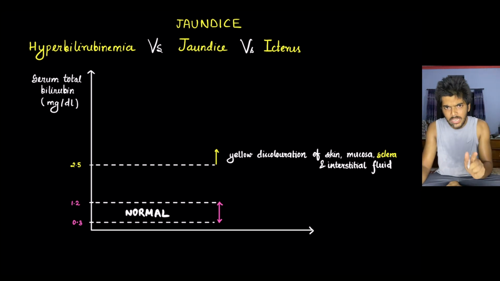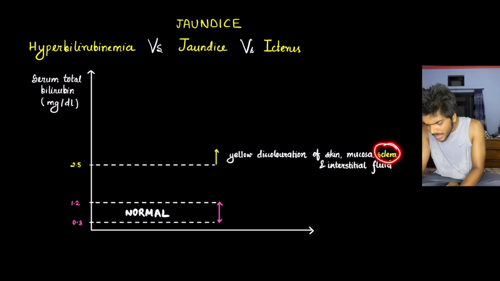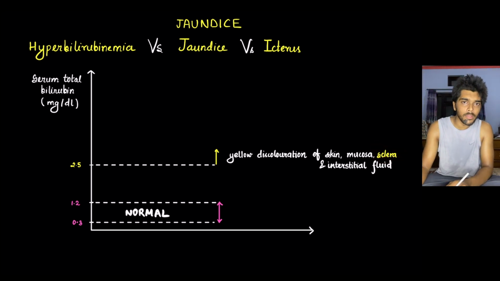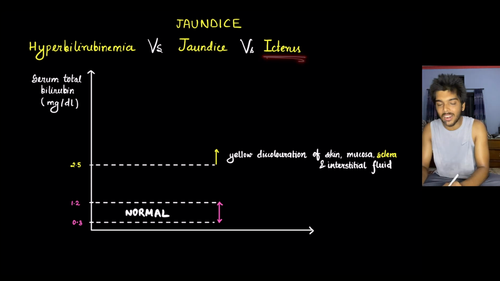Now, I said there is deposition of bilirubin in jaundice in skin, in sclera, in mucosa, and interstitial fluid. But I have written the sclera in yellow. Why? Because the yellow discoloration of just the sclera, I repeat, just the sclera, due to significant hyperbilirubinemia is referred to as icterus.